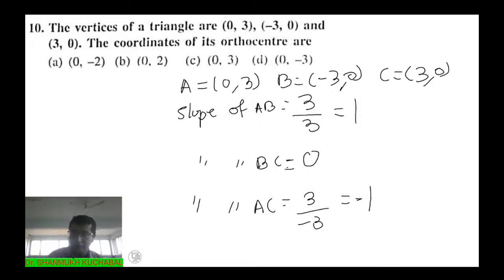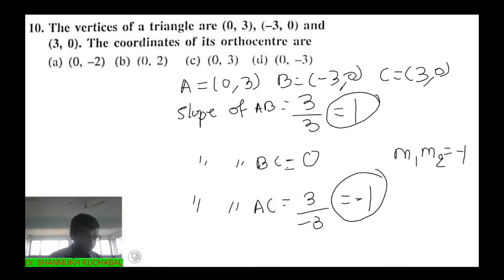We observe that this is one slope, this is another slope here, so their multiplication m1 into m2 is -1. Okay, so the orthocenter is at (0, 3) here. That is option C, the right answer.